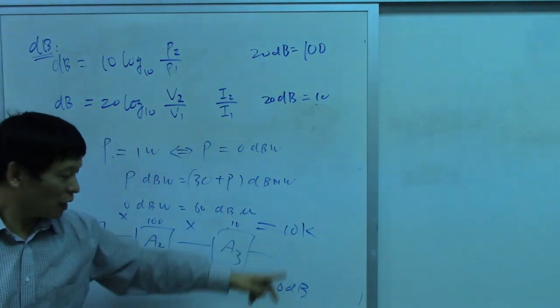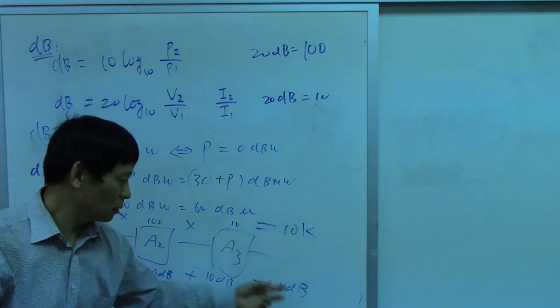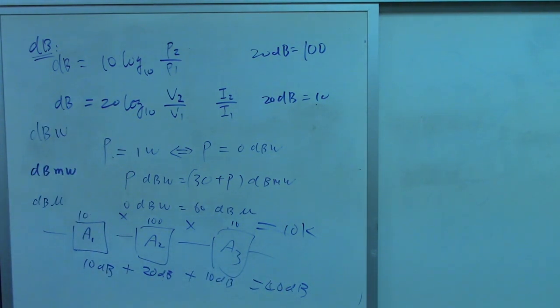Now, is 10K equal to 40 dB? 10,000 is equal to 40 dB. So that means we use this one. Sometimes using addition is much easier. For example, if we have an attenuator, later we are going to discuss radio wave propagation. For example, the signals transmitted from a satellite to the Earth.